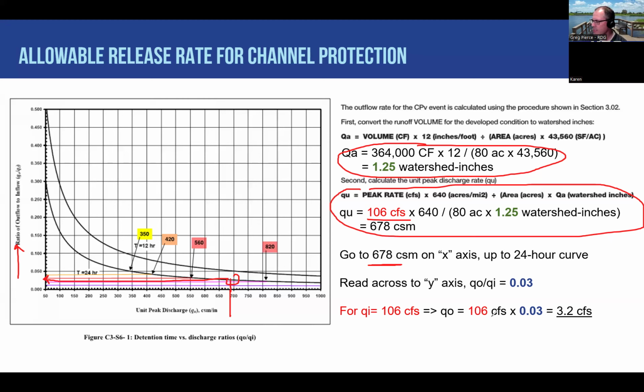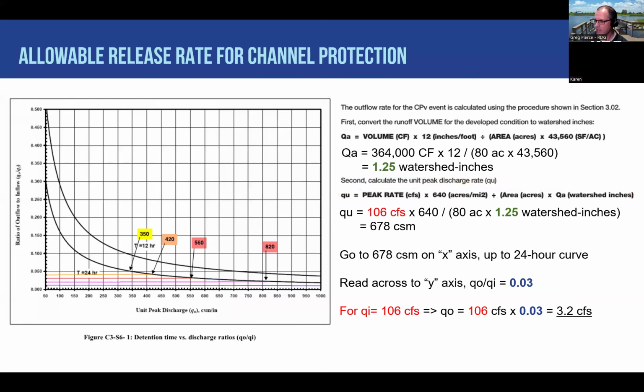In this example, it's about 0.03. So that's telling us our outflow rate needs to be about 3% of our inflow rate. So for an inflow rate of 106 CFS in this example, you multiply that by 0.03, and your allowable release rate will be 3.2 CFS.